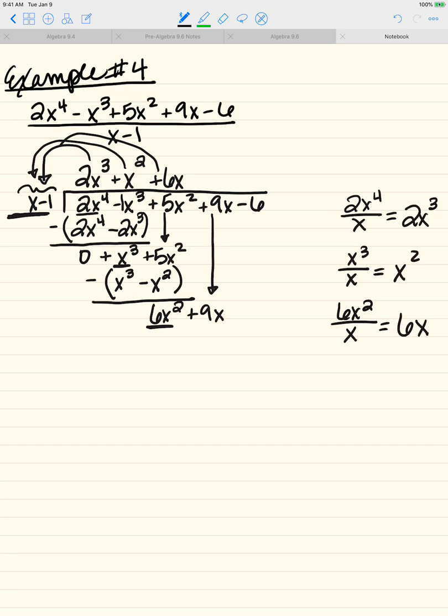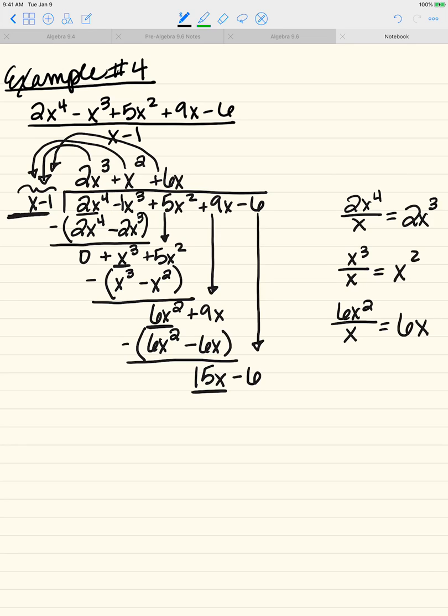Take your 6x, multiply it by the entire x minus 1. 6x times x, 6x squared. 6x times negative 1 minus 6x, and subtract. 6x squared minus 6x squared, 0. 9x minus a minus 6x is 9x plus 6x. So we get 15x. Bring down the last term of your polynomial, that is a minus 6.